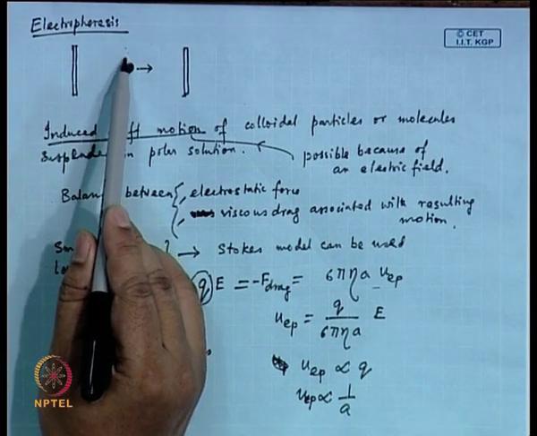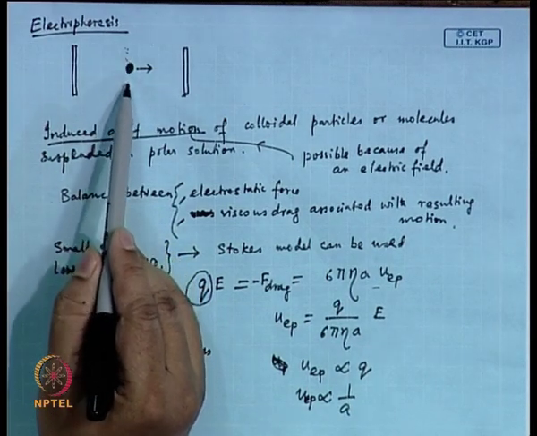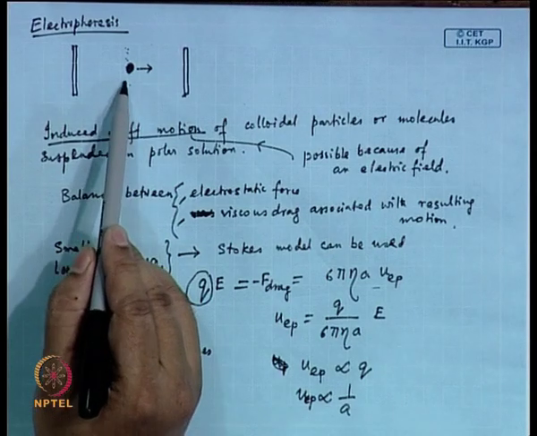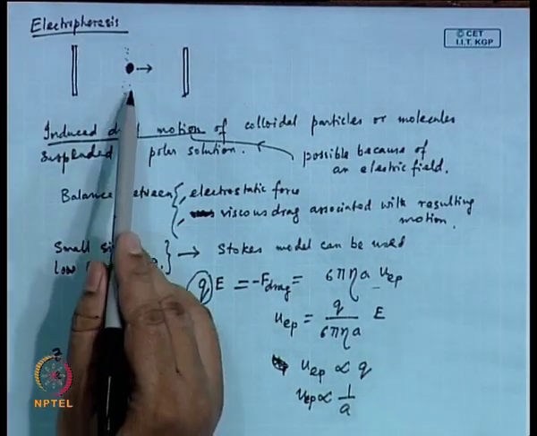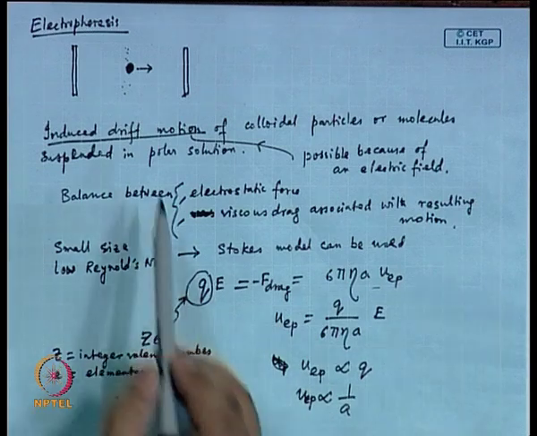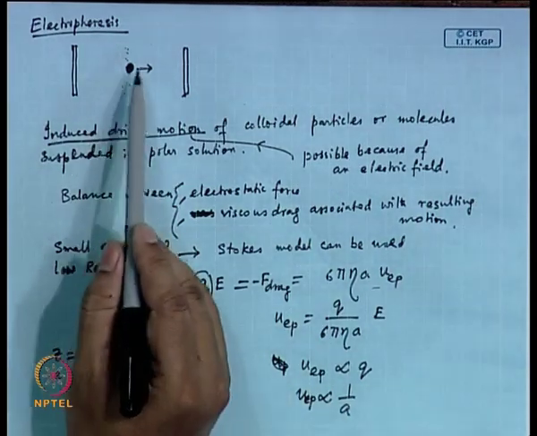On the other hand, if the diameter of the particle is small, then it will have a higher velocity. So, if there exists a mixture of particles, some big, some small, some having higher charge, some lower charge, they will attain different U E P depending on their size and charge.